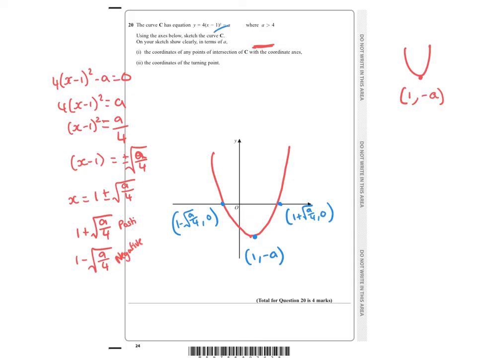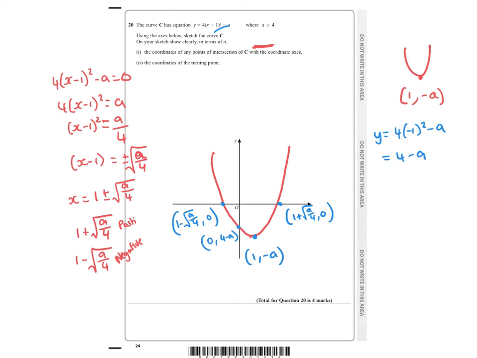So in this formula, when x equals 0, we're going to get 4 lots of minus 1 squared minus a, which is going to give us 4 minus a. So this point here is 4 minus a.